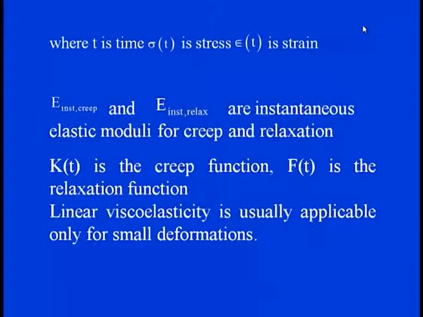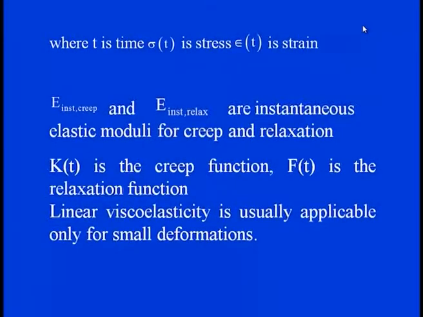Since we know that stress and strain in viscoelastic materials are time dependent, E instantaneous for creep and E instantaneous for relaxation are nothing but phenomena related to the creep part and the elastic part of the viscoelastic material.